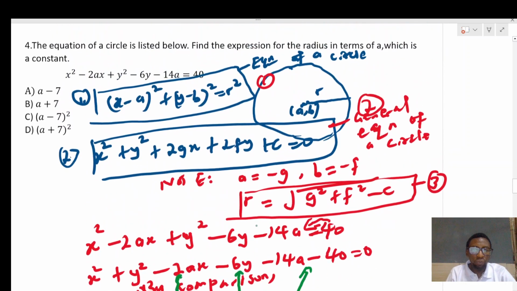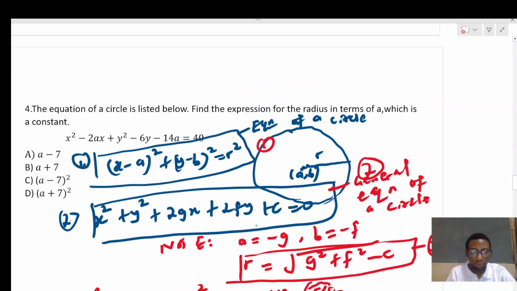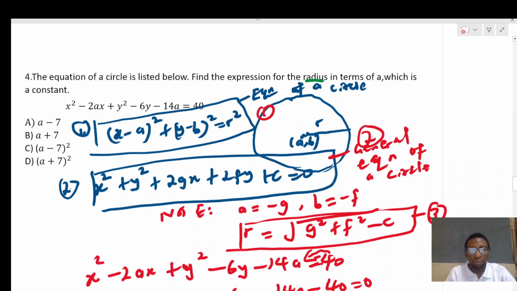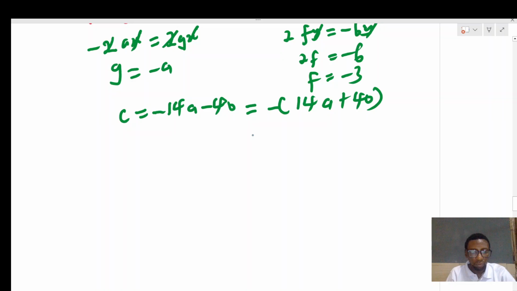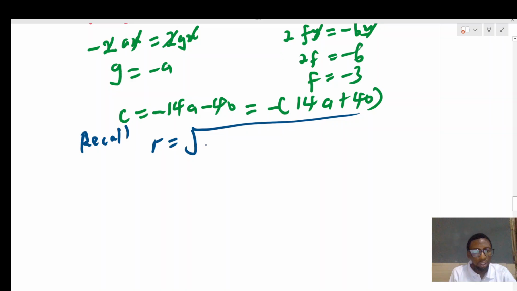Now you have to find the radius. It's the final expression for the radius. The formula for radius is r equals the square root of g squared plus f squared minus c.